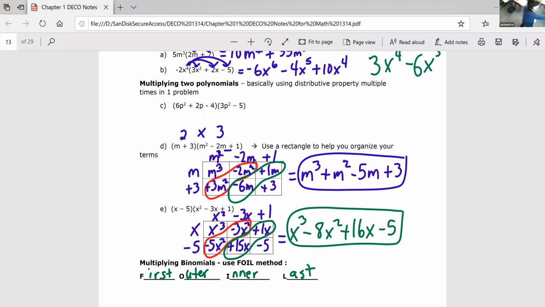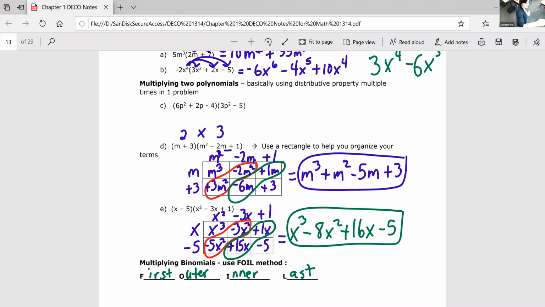And since there were 2 terms here, 3 terms here, we made a box that had 2 rows and 3 columns. And this just helps us stay organized because we're using the distributive property, but we're having to use it more than once. And we said like terms would show up on the diagonal. And after we get the box filled out, then we can add up like terms and pull it out.